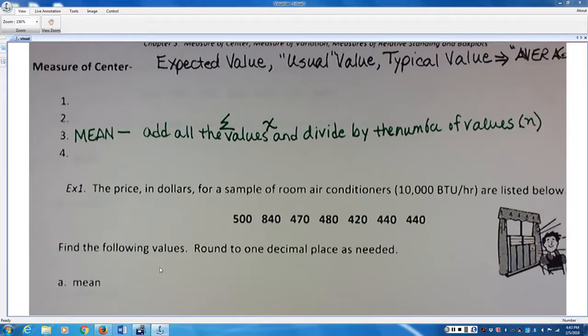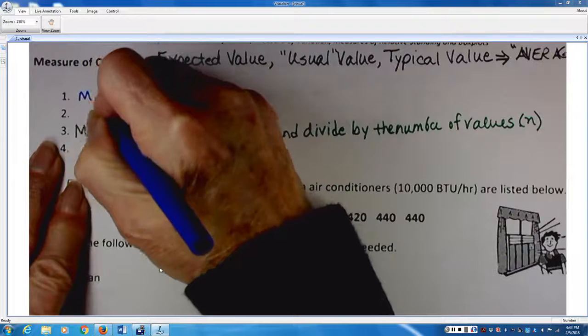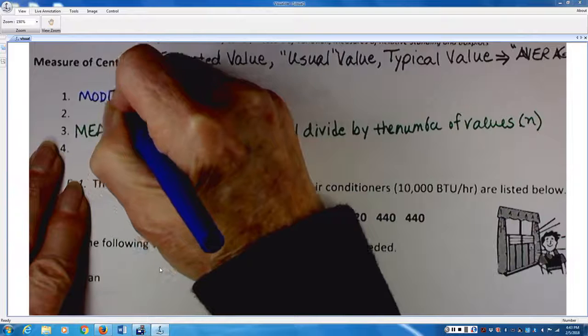That's not the only measure of average, and in fact it has some drawbacks. Probably the easiest measure of average is the mode.